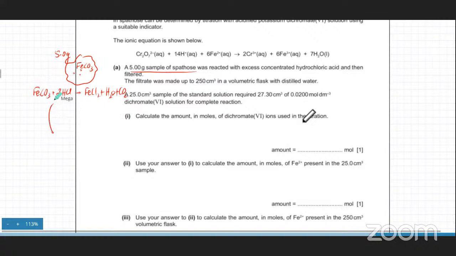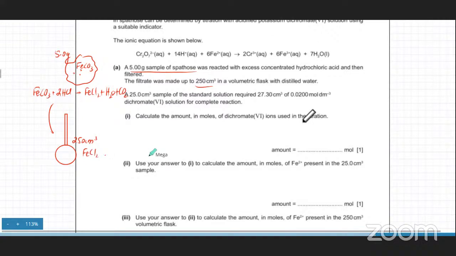Now you have a solution, and it's a 250 cm cube solution. They've already said that the filtrate was made up to 250 cm cube. They added distilled water, and now you have a 250 cm cube solution which contains FeCl2.